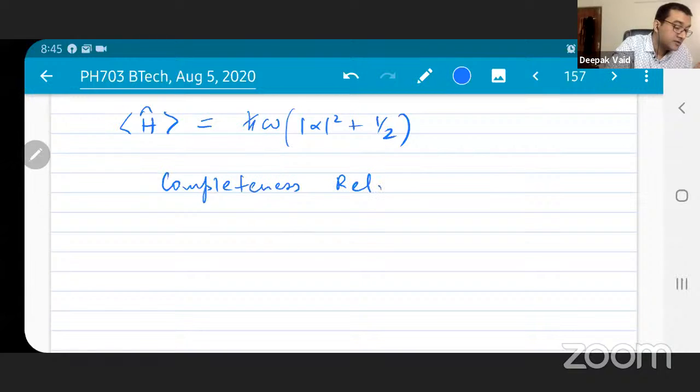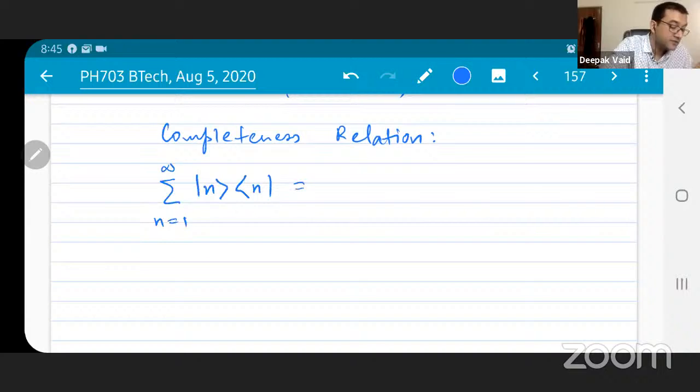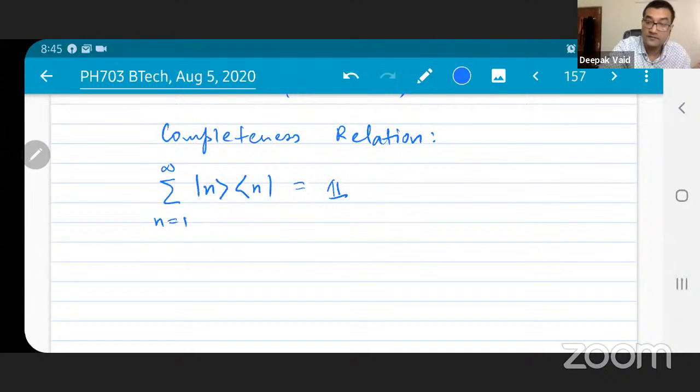Anybody remember what the completeness relation is? If I have a complete set of states, like for instance, the number eigenstates, and I take a sum over all of the eigenstates of this object, what do I get on the right side? 1. More specifically, I get the identity matrix, right?